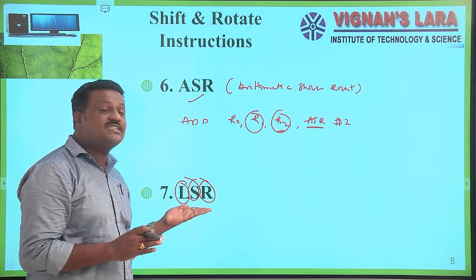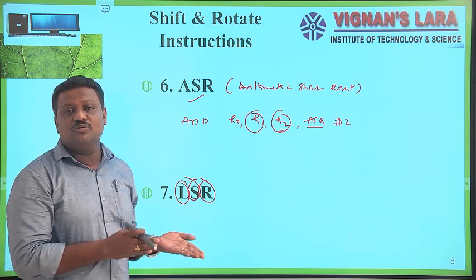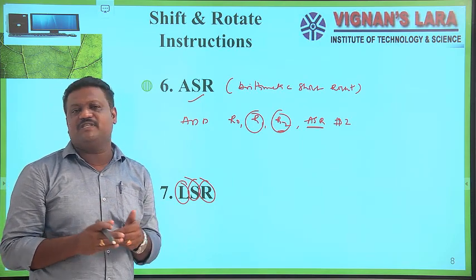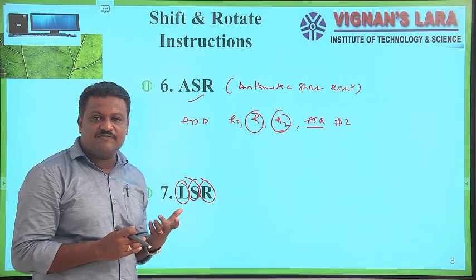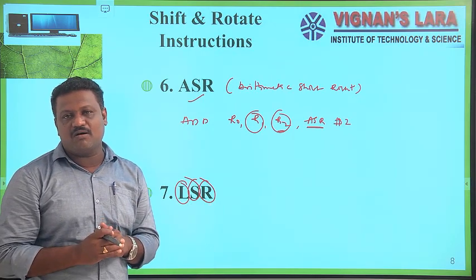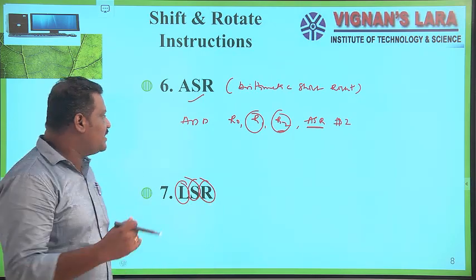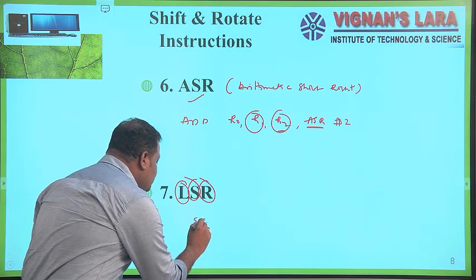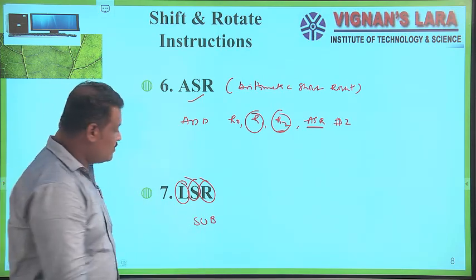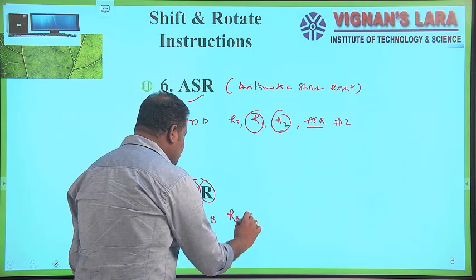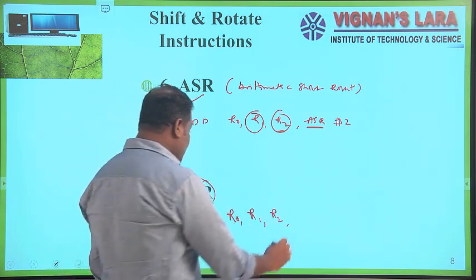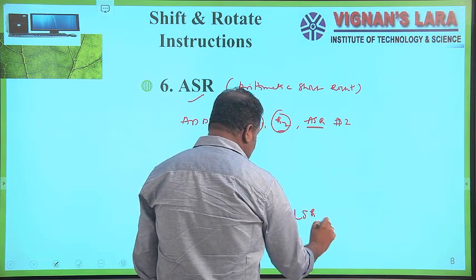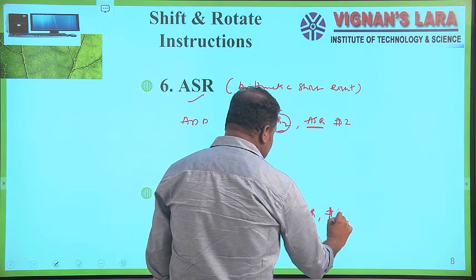You may use this as a separate instruction to do a logical shift right on any specific register, or you may use it as a part of some arithmetic or logical instruction. So again, I took an example, SUB, that indicates subtract, R0, R1, R2, LSR #5.